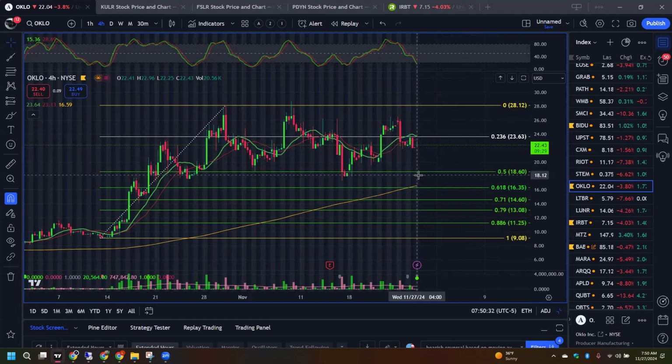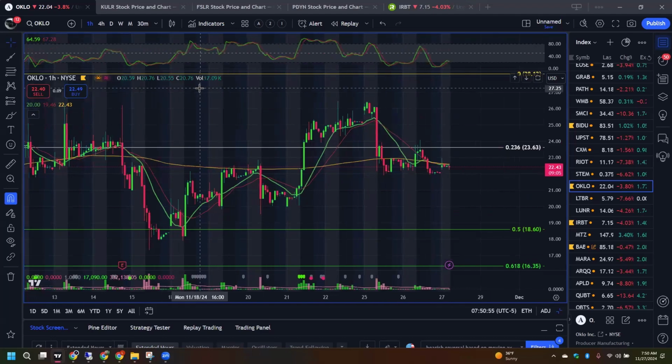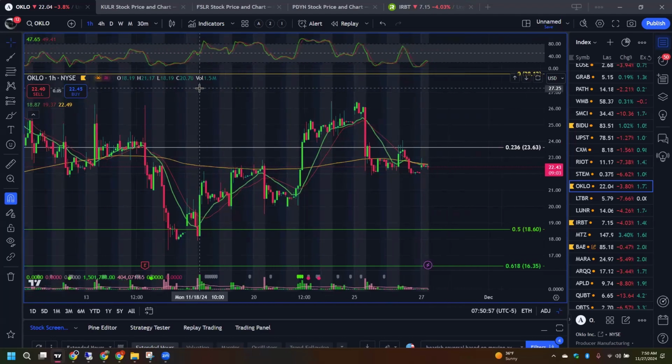But if it takes out your 50, then you're working between the 618 and the 50. Maybe I'm more of a risk taker, maybe I don't put a lot of thought into it because I'm not jumping into this trade right now. But off the top of my head, my target would be the 618 based on the confluence with my 200 moving average. So anyway, let's look here, see what we got.